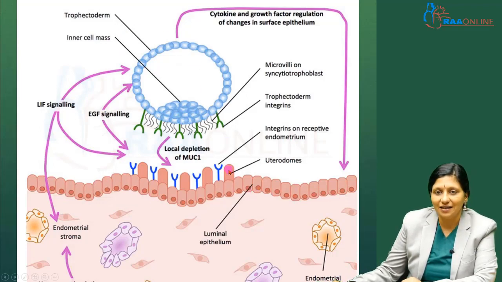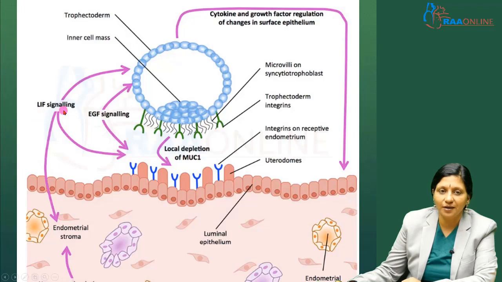Here we see that there are uterodomes and there are integrins on the surface of the receptive endometrium, and these are the trophectoderm integrins, and there are also microvilli on the surface of the syncytial trophoblast. Between the embryo and the endometrium there is EGF signaling.